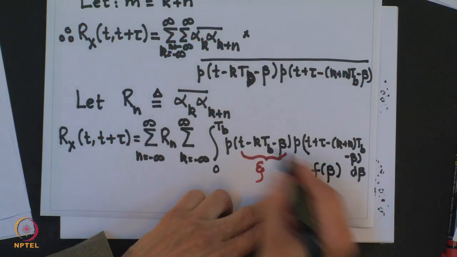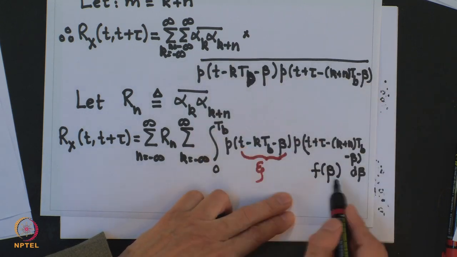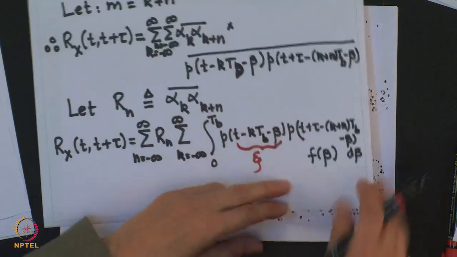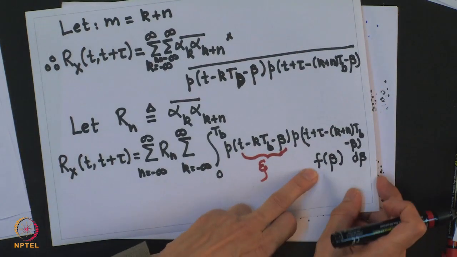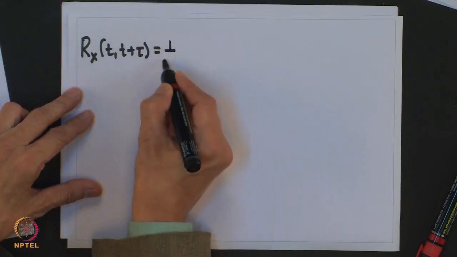Yeah, I missed out one term here. This should be multiplied by the PDF of beta. When I am trying to evaluate expectation, I have to put this f beta. And this f beta, remember, is equal to uniform PDF, which is 1 by T_b. So that can be removed outside.